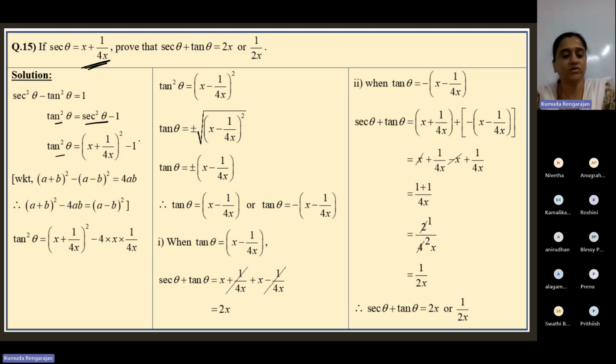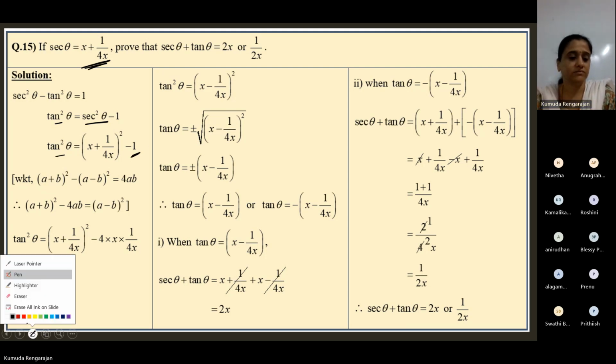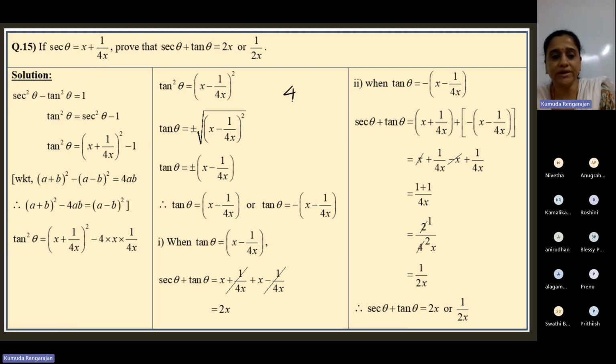Now this 1 can be written as 4 into x into 1 by 4x.